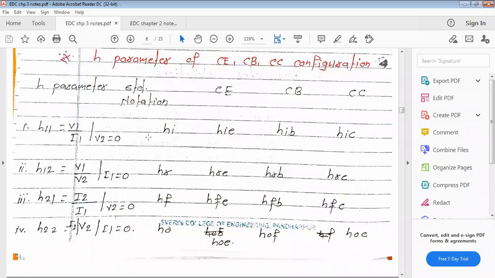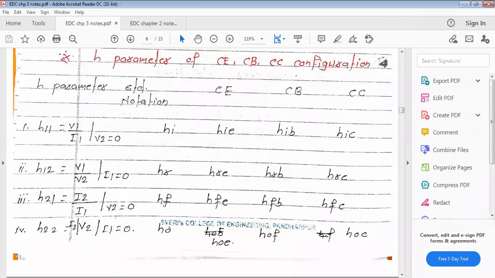If we define that parameter for common collector, we call it HIC. Next, HR: if we find this for common emitter, we represent it with HRE. For base, we call it HRB. For collector, we call it HRC.